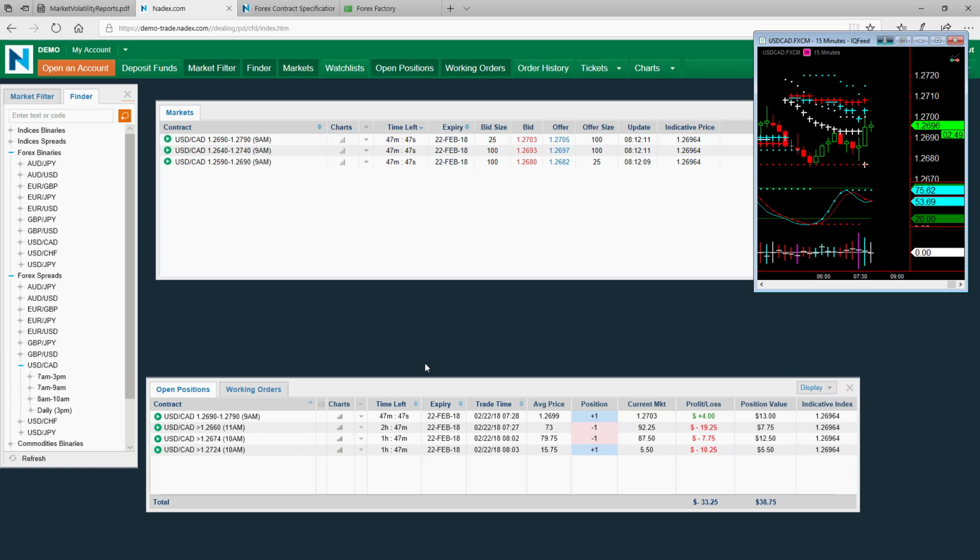Usually, if you're trading a 2-hour binary, the closer it is to expiration, the more time decay you have in your favor, okay? And again, you could lose on all of these. If the market does not move, you do have that potential, okay?